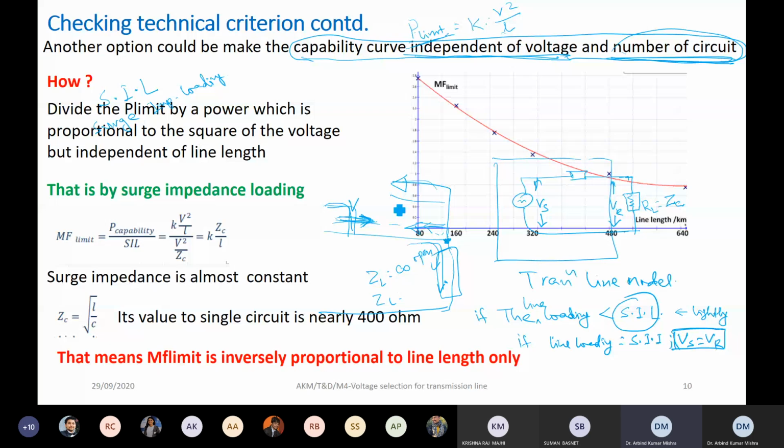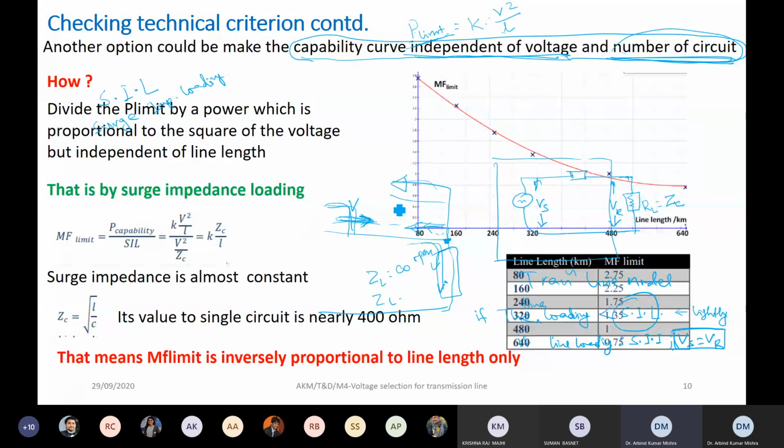For that, you need to calculate the surge impedance loading for any line, and I hope that now you have understood how to calculate it. So in numerical problems, we'll use this, which is called the capability curve, and this data we'll use throughout this design, whatever is given here in the table. In fact, the above line I have plotted just from this table itself.